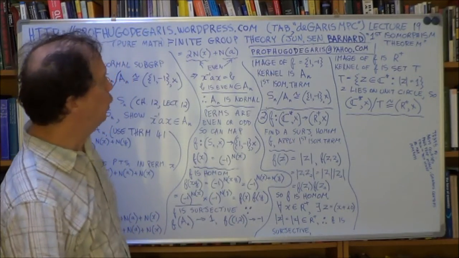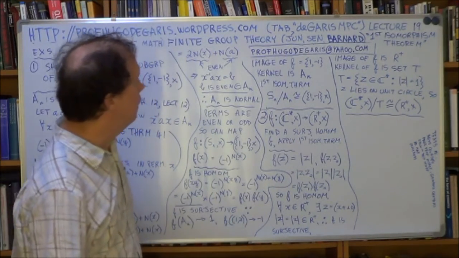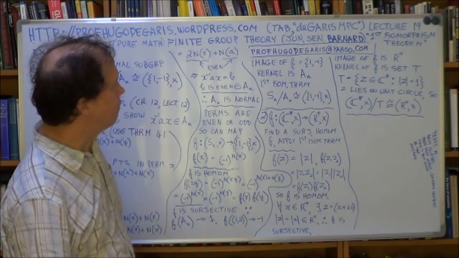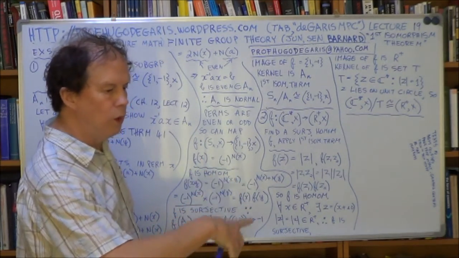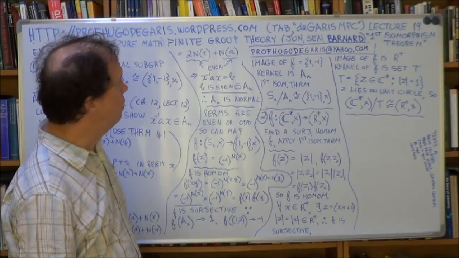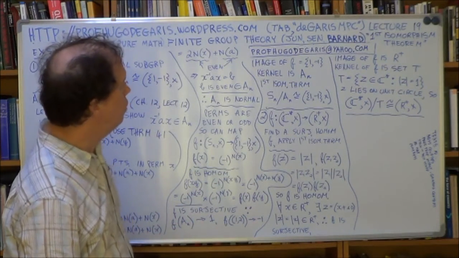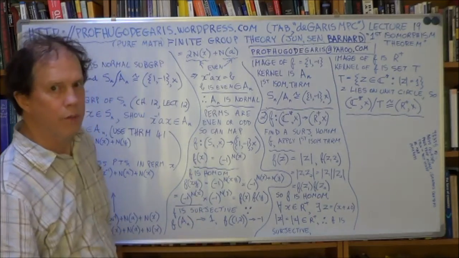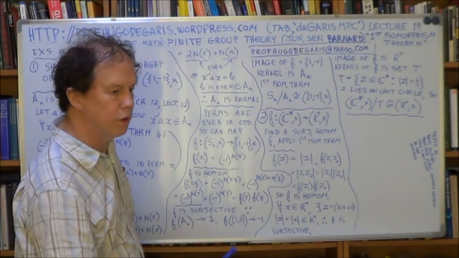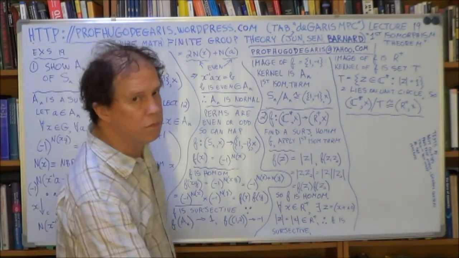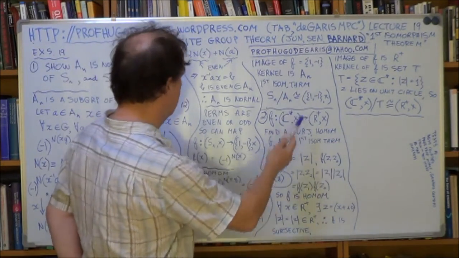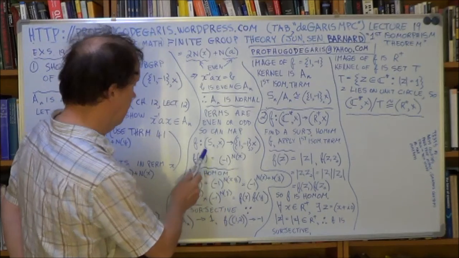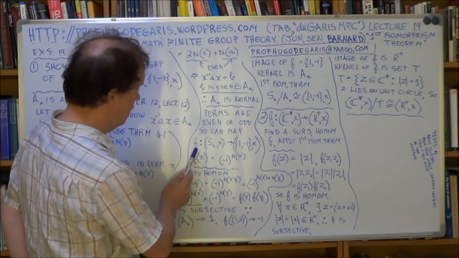Now how about the kernel? What's the kernel of your F? So it's the set or subset of all those elements that map to the unit of your codomain, the unit of your target group, right? Here's our function.